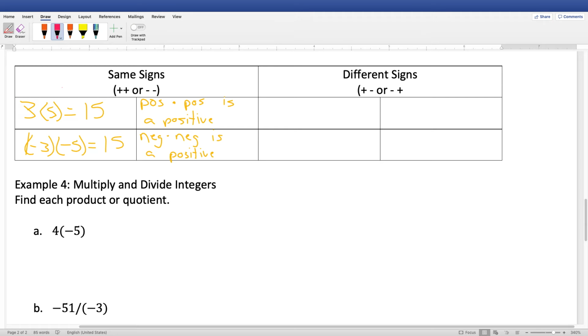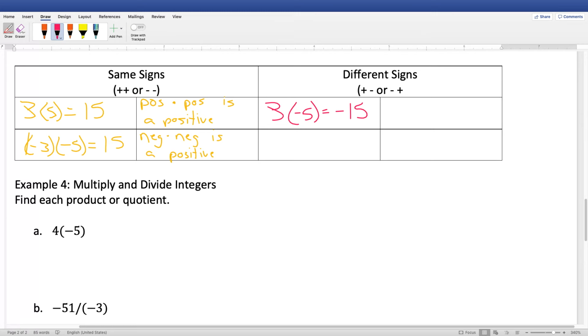Negative times a negative is a positive. Now we're going to take a look at what happens when your signs are different. We're going to take a positive 3 times negative 5. Positive 3 times negative 5 is negative 15, right?